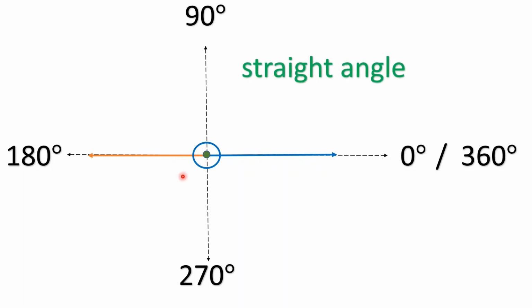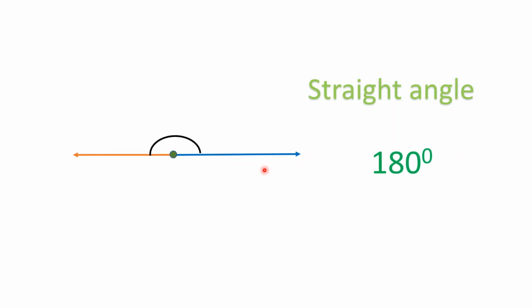Such an angle is called straight angle and its measure is 180 degree. Straight angle looks like this and its measure is 180 degree. The two arms of the angle are opposite rays.